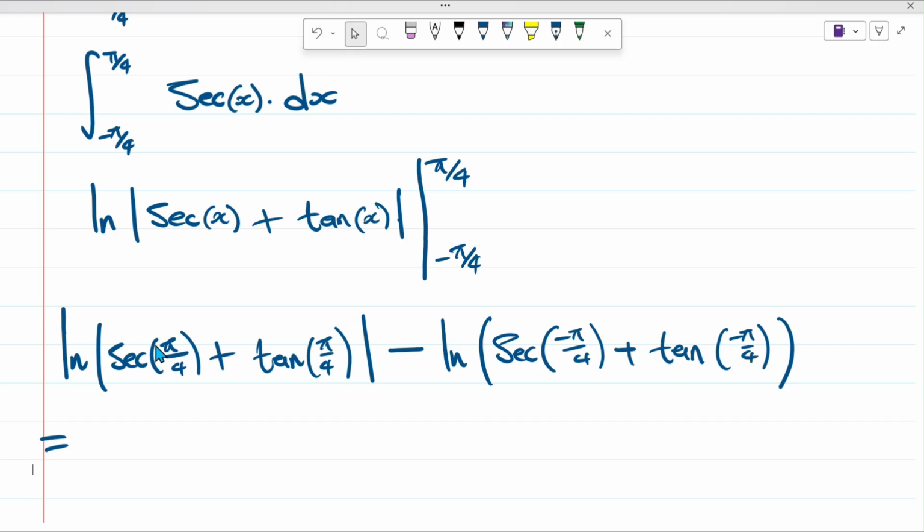Plus tan of pi over 4, minus, then sec of negative pi over 4 plus tan of negative pi over 4, and you close two times. I'm getting something like 1.763. You should get the same thing, because I don't make mistakes, guys.